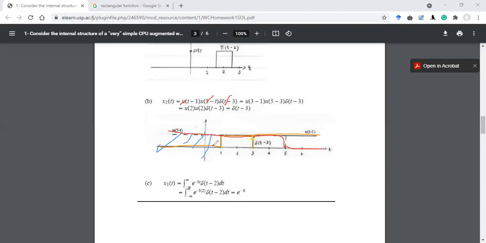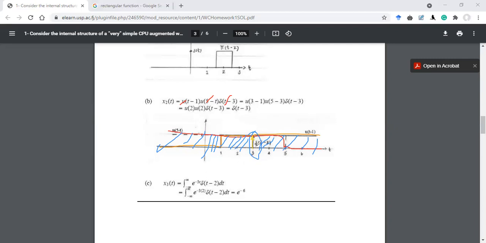Again, the delta function is 0 on this side and this side. So the product of all three functions becomes 0 at all these places, and it is only going to have a value at this particular point, t equal to 3.